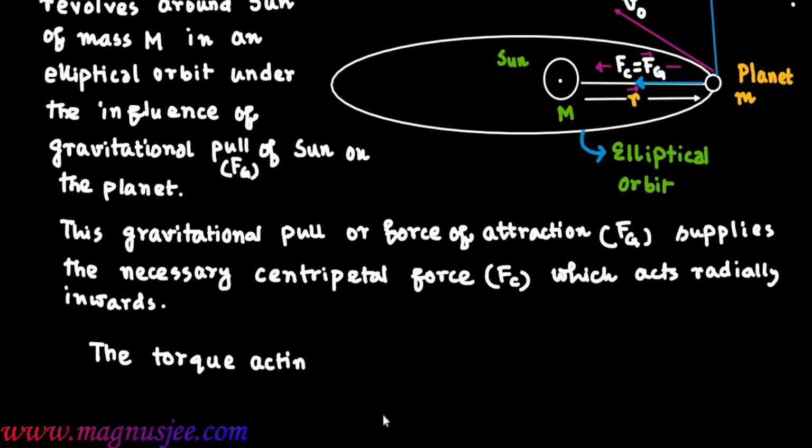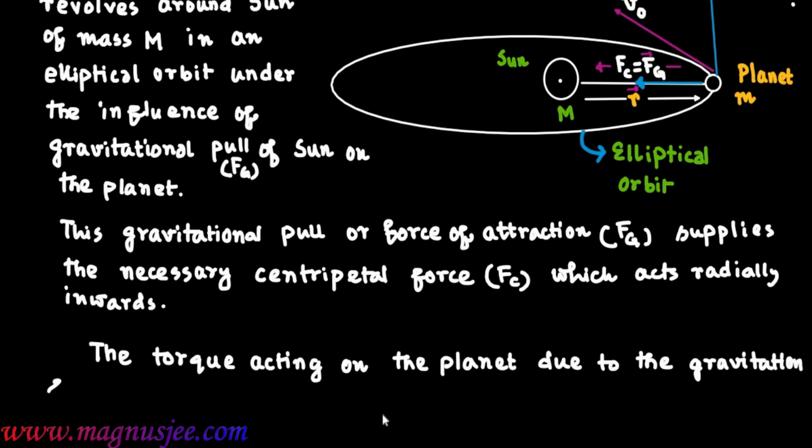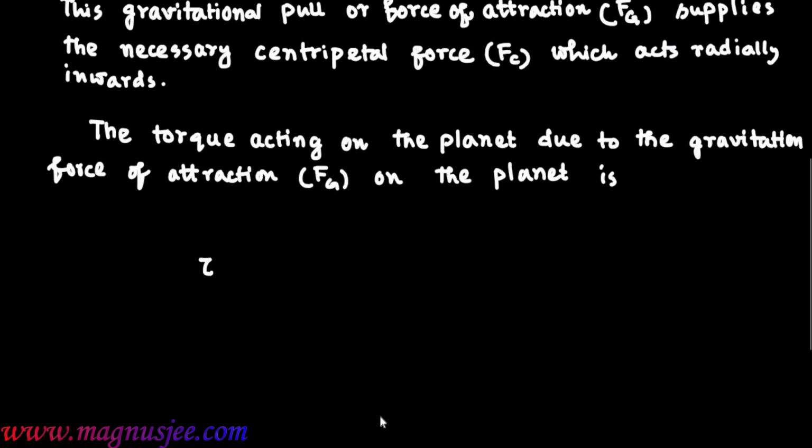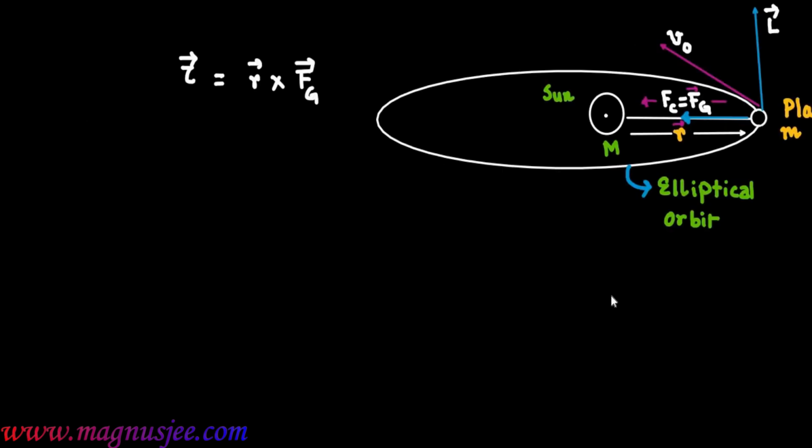The torque acting on the planet due to the gravitational force of attraction Fg experienced by the planet due to Sun is vector tau equal vector r cross vector Fg.